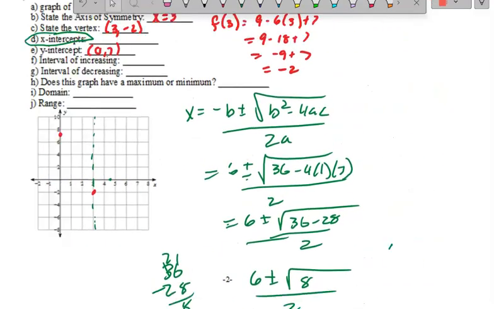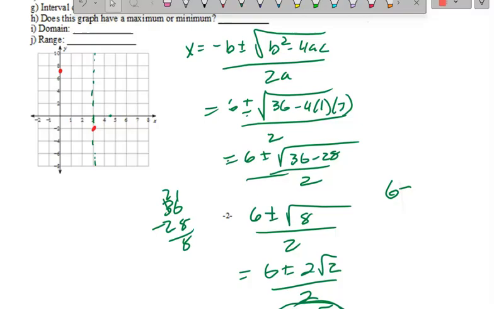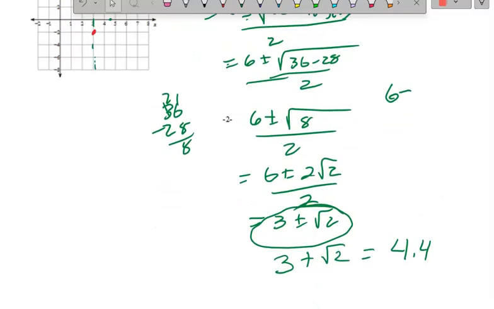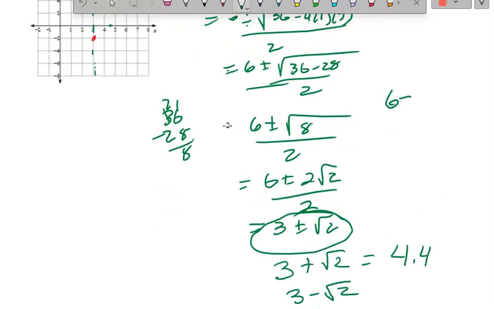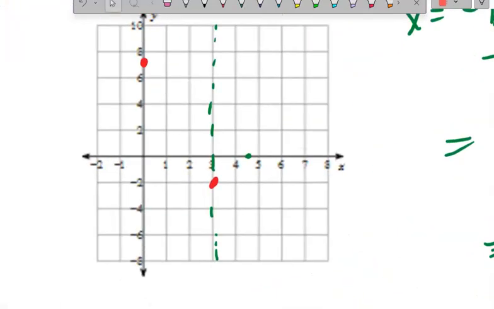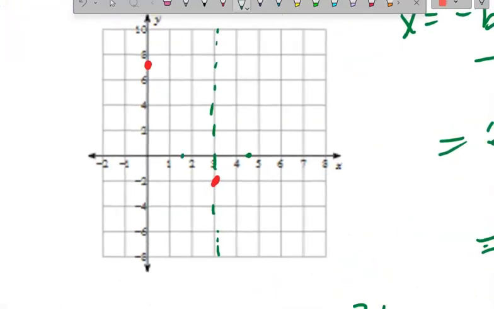And if I go 3 minus radical 2, I get 1.4, just fine. So it's a little less than 1.5. And that's going to give me enough to graph.